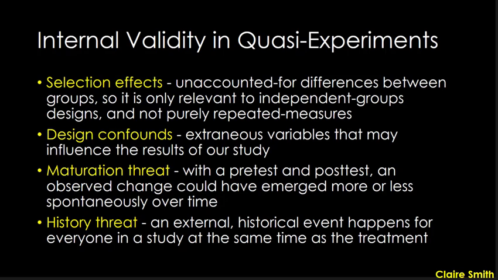Okay, design confounds are extraneous variables that influence the results of the study. So for the parole example, what if the prisoners who went before the judges right after lunch varied systematically? So if maybe right in the morning and right after lunch, there just so happened to be less severe cases being reviewed, that would be a design confound.